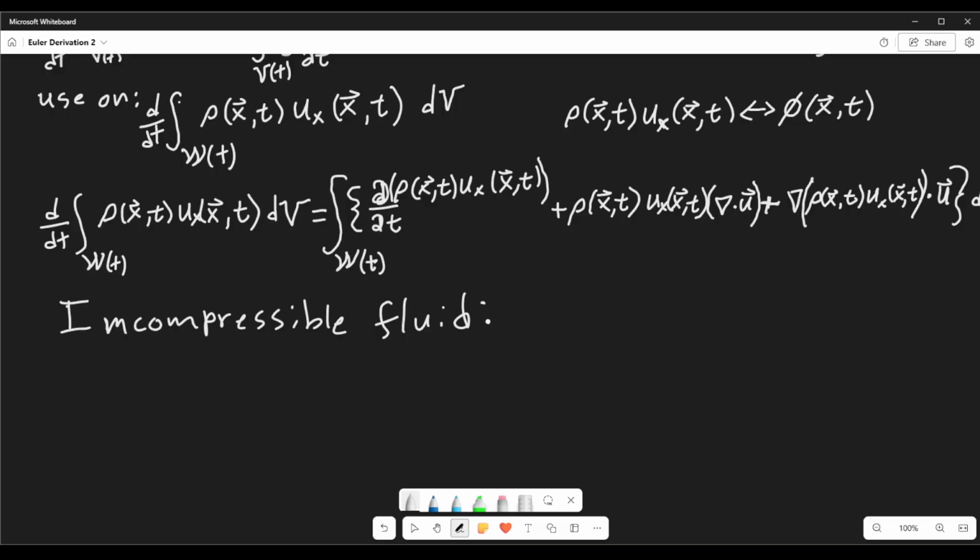So incompressible fluid implies a couple of things. One of them is that rho, which originally depended on space and time, no longer depends on that, so it goes to just rho, a constant.